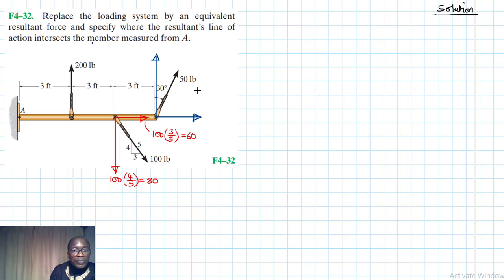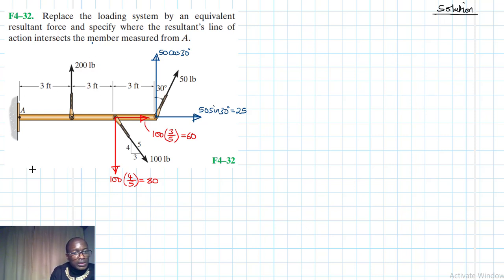Then this one is 50 sine 30. We know what sine 30 is, just half or 0.5, therefore this is 25. Then we have 50 cos 30, which we are going to leave like this.